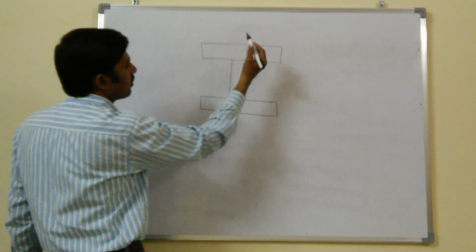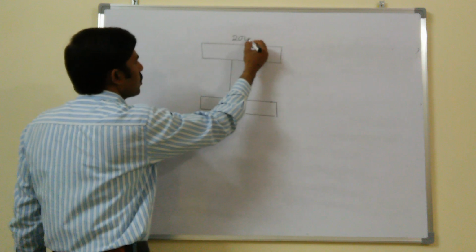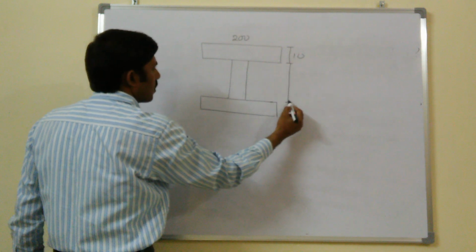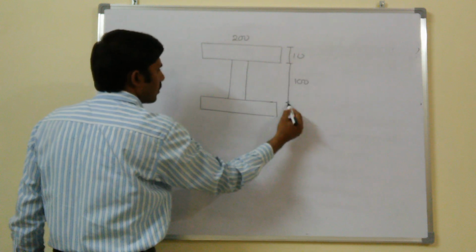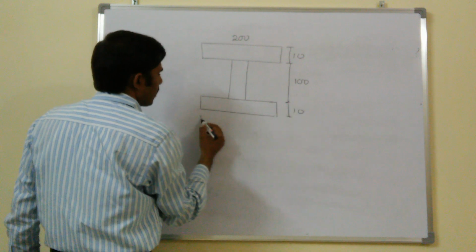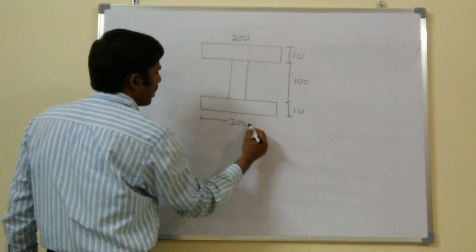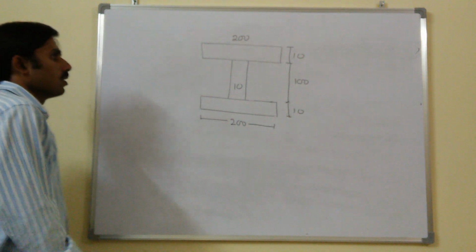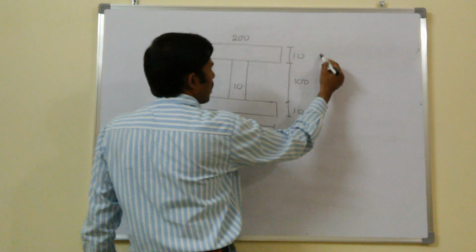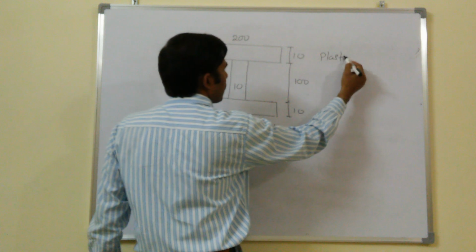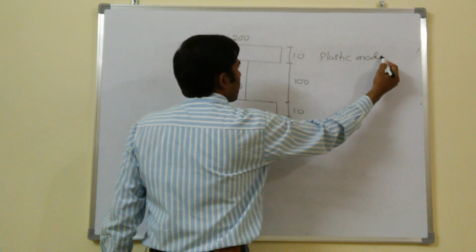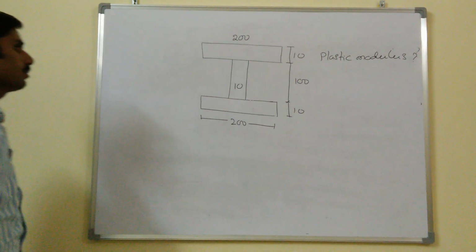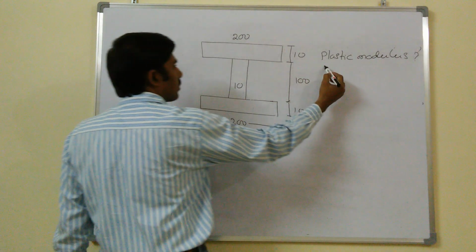Let us take this as 200, this is 10, this is 100, this is 10, and this is 200. This width is 10. We need to find the plastic modulus ZP.